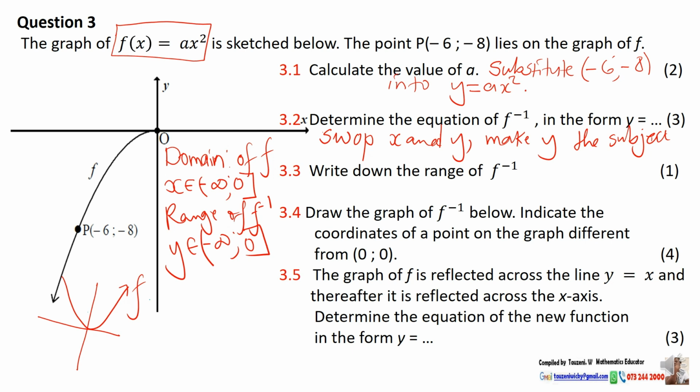So the inverse will also face the positive side. That's how these graphs work. If I have got my graph going to the negative side, then the inverse for this function will also go to the negative side. That's how these graphs work.